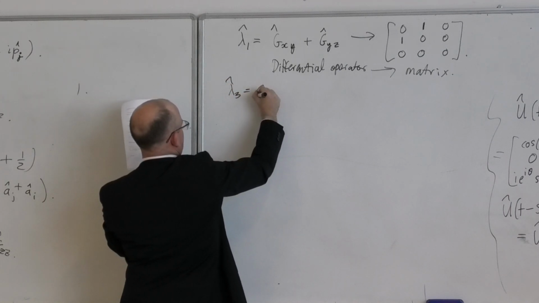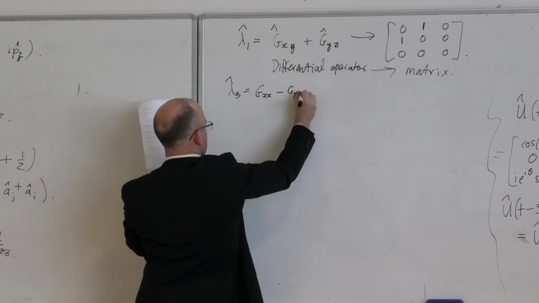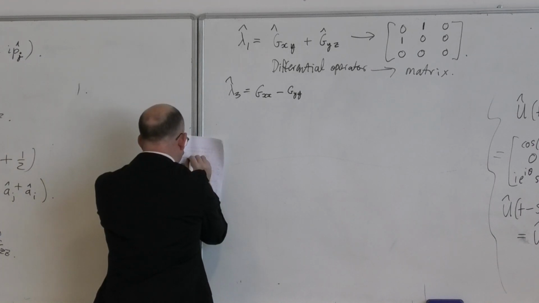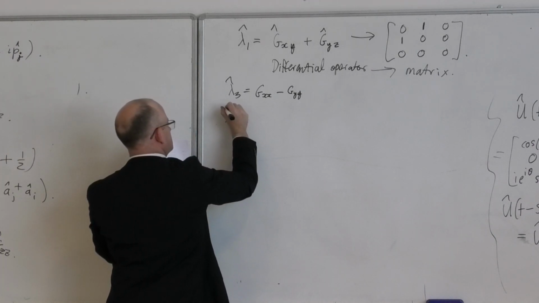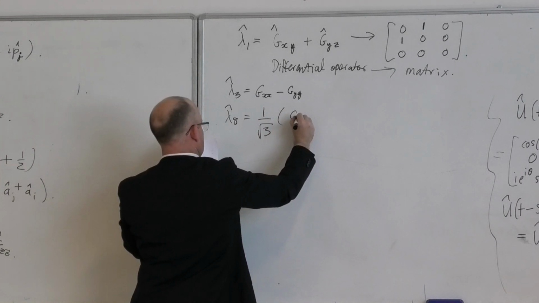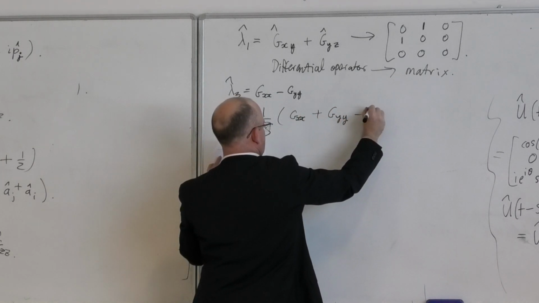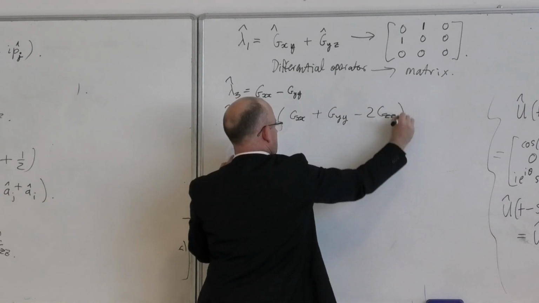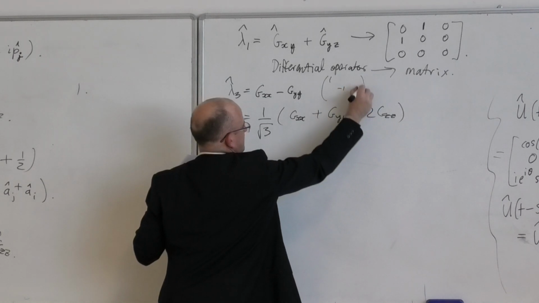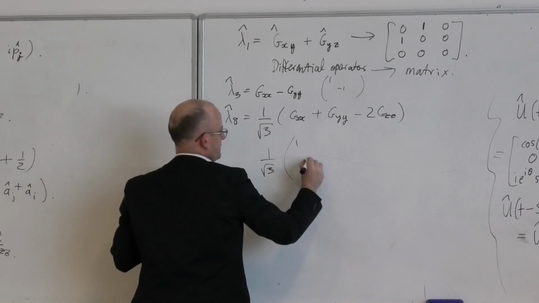Okay, so lambda 3 is equal to gxx minus gyy. So this thing is equal to a matrix like this, and this thing is equal to a matrix like this.